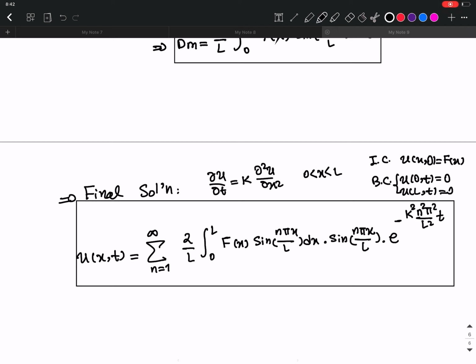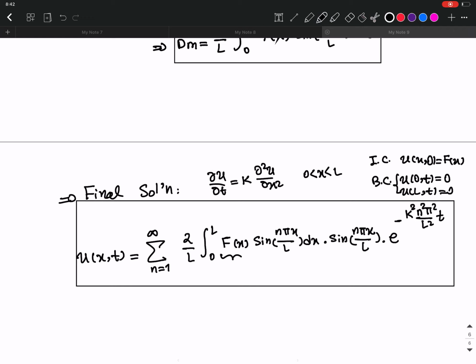So these were the boundary conditions. This is the solution to this PDE that we found using the separation of variables technique and Sturm-Liouville theory.